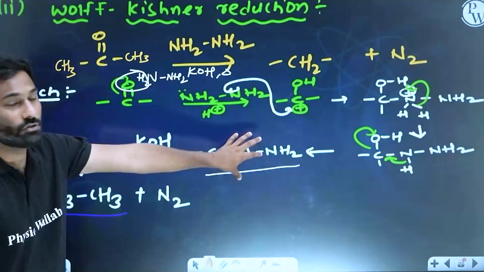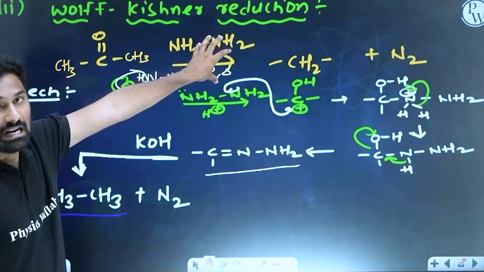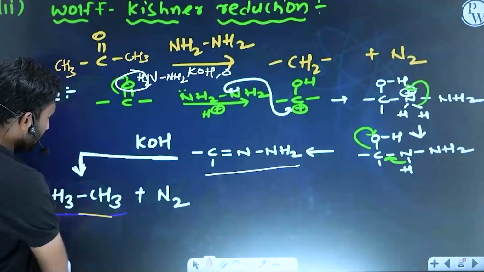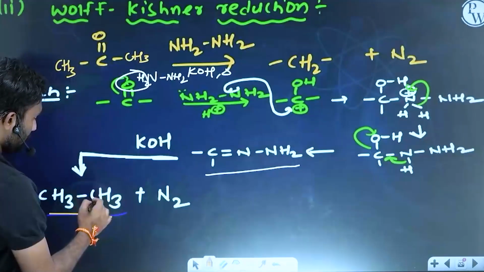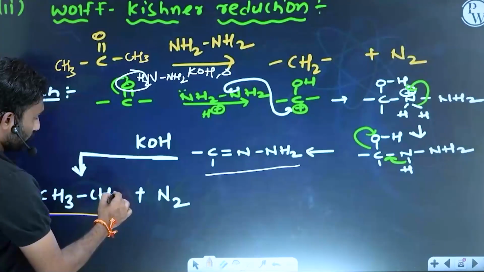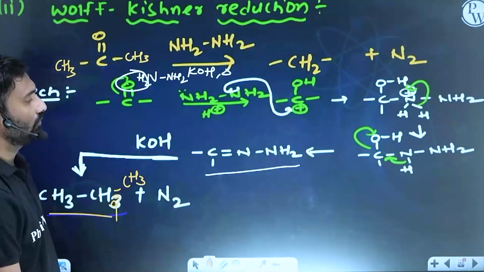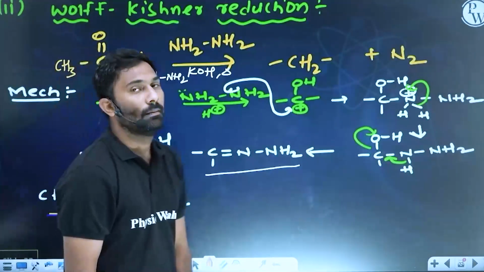Now this is the hydrazone. If it reacts with hydrazine, it gives the hydrazone, and upon base, what are we getting? Let us assume this is CH3 carbonyl group. Okay, clear?